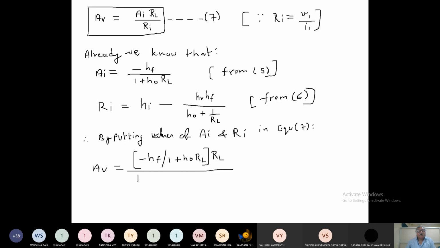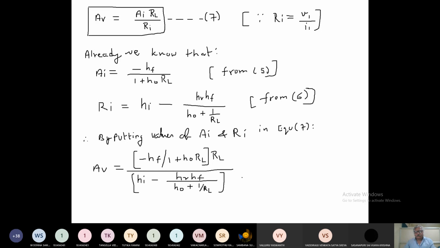Ri is this value, right? So you will write here this Hi minus HR HF by H naught plus 1 by RL. Right?